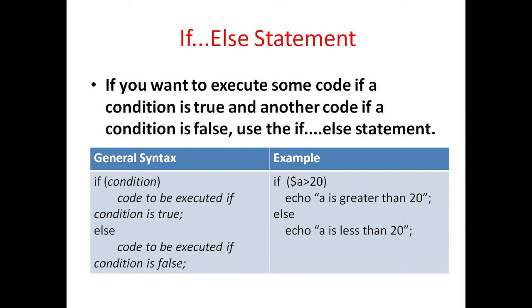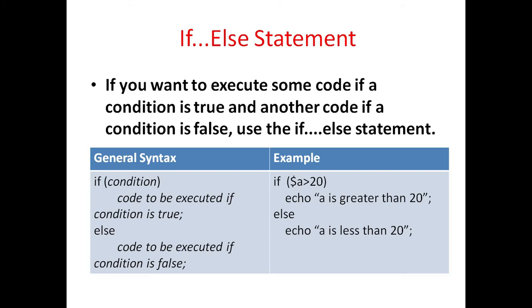Next is the if-else statement. If you want to execute some code if a condition is true and another code if the condition is false, use the if-else statement. The general syntax is: if condition, then code to be executed if the condition is true, else code to be executed if the condition is false.